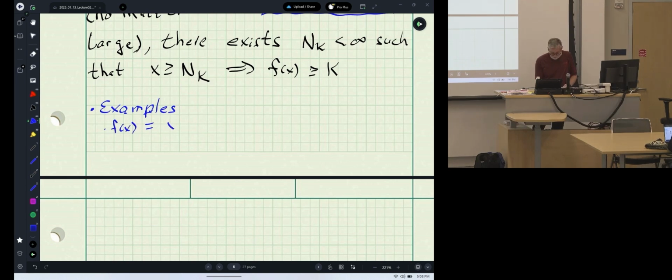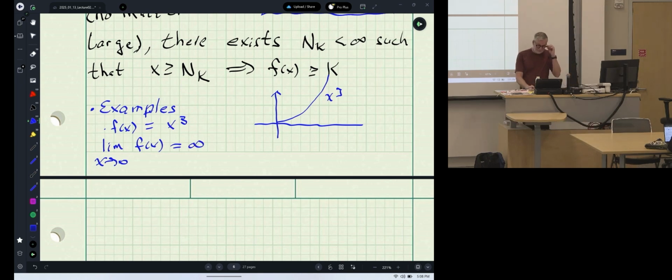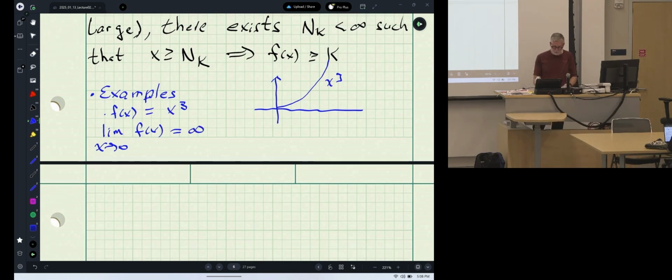So if I have f(x) equals x cubed, then we know what the graph looks like. It's just monotonically increasing, and we get limit x goes to infinity of f(x) is unbounded. No problems there.